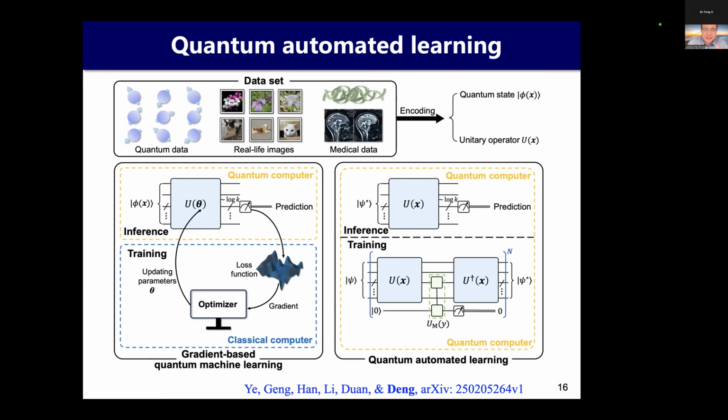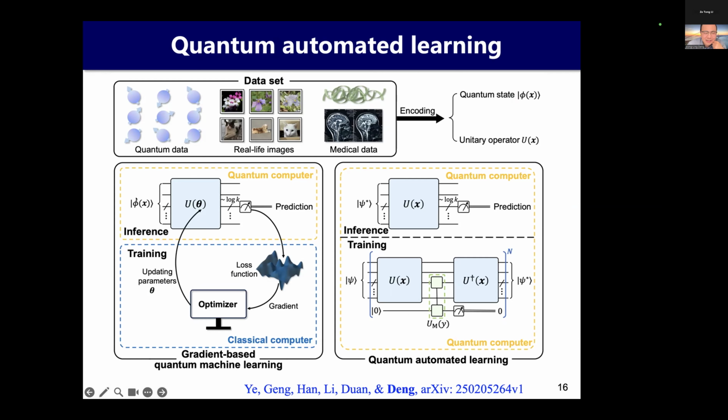For instance, in supervised learning, you have some images, and you need to recognize whether each is a cat or a dog. In the traditional approach, you first encode your input data X, the image, into a quantum state.